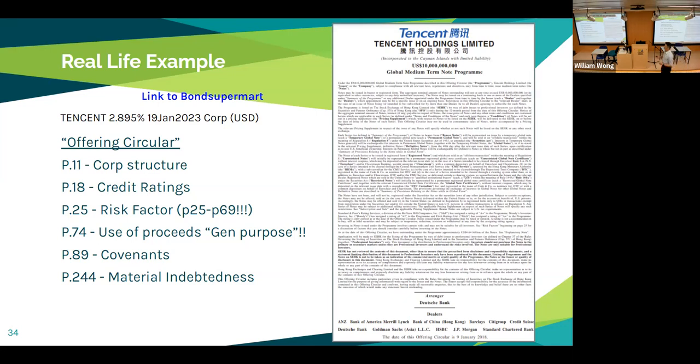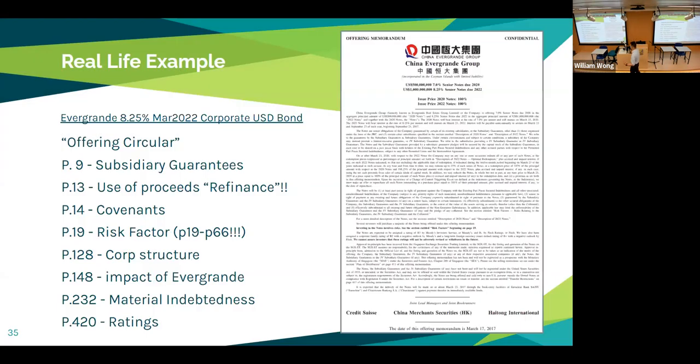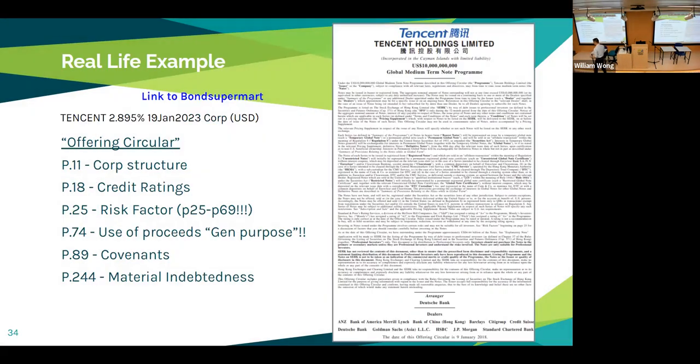I also showed you 2 pretty dramatic real-life bond situations. The first one is 10 cents. I hope you can spend at least a couple of minutes, if you really want to absorb the knowledge, to drill down to the offering circular, which is the prospectus.